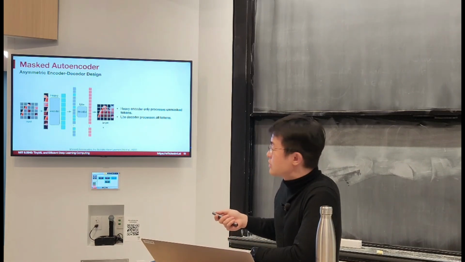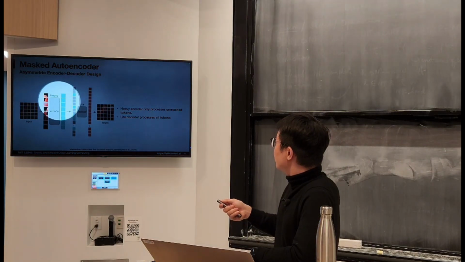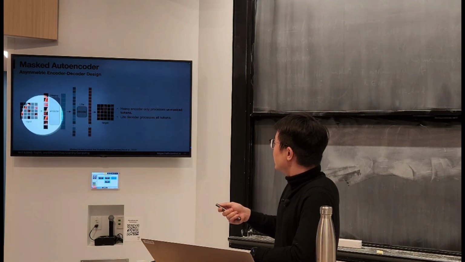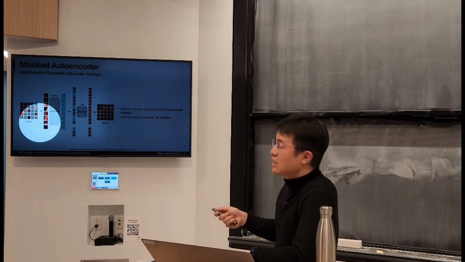Actually, that works quite well. So here we use two encoders. One is a heavy encoder that processes only those unmasked tokens. So this is 5 by 5, altogether we have 25 tokens. And here we just have 1, 2, 3, 4, 5, 6, 7, 8, just 8 unmasked tokens.